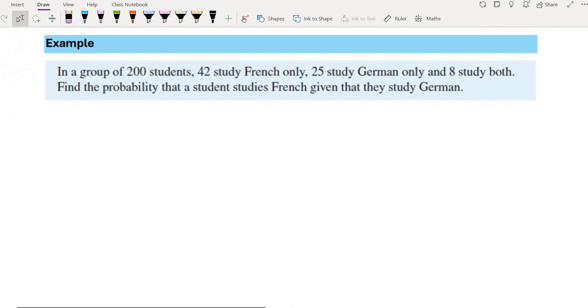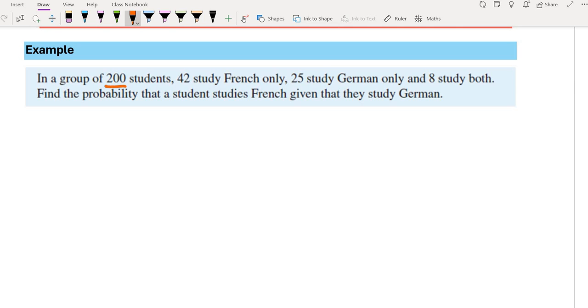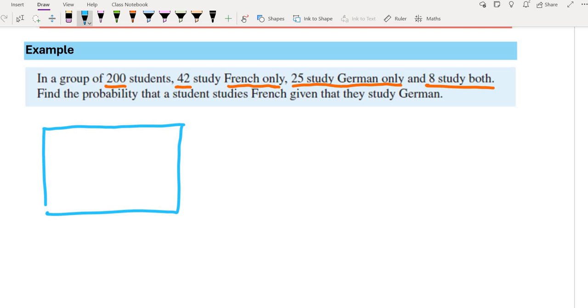So let's look at this example here. We have 200 students, 42 study French only, 25 study German only, and 8 study both. For a problem like this, it's really nice to put this information into a Venn diagram, which takes almost no time to set up.